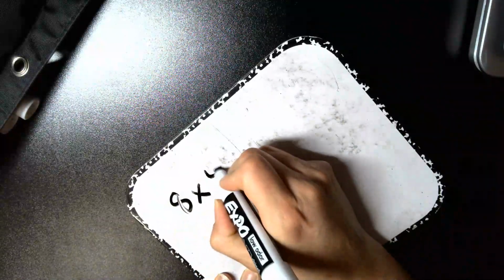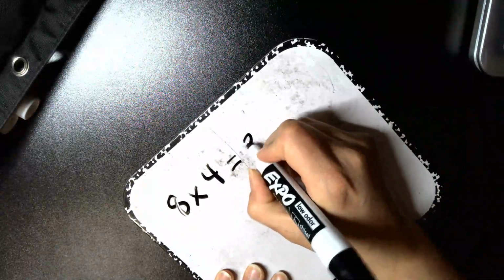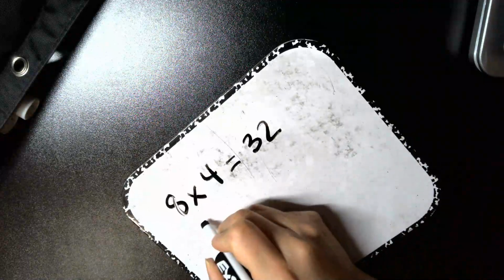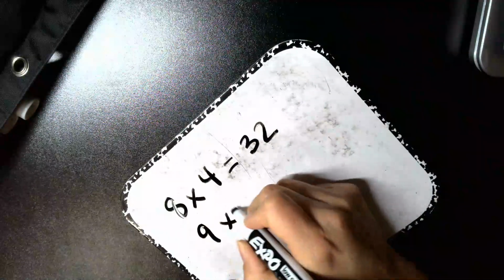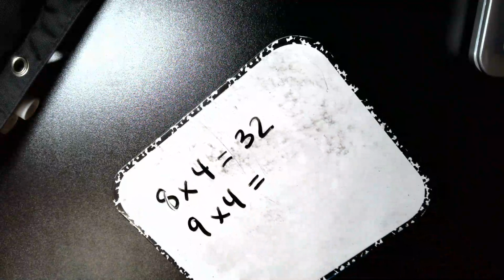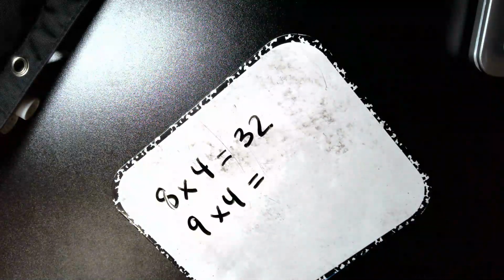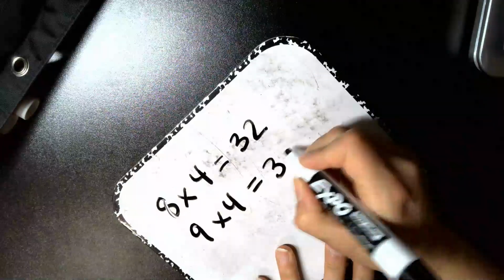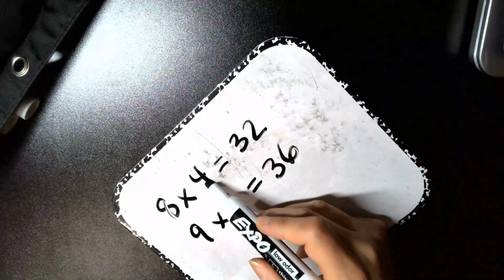8 times 4, for example, is 32, right? But if you have 9 times 4, that would be 36, and the way for you to go back would just be to go back one group of 4.